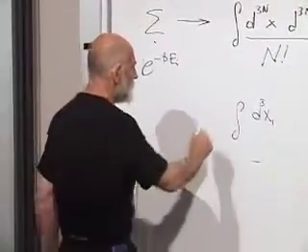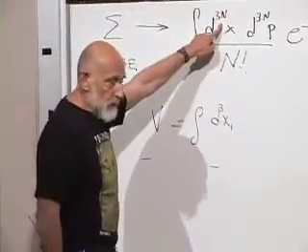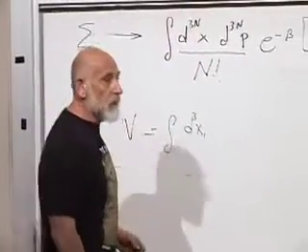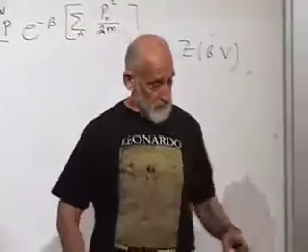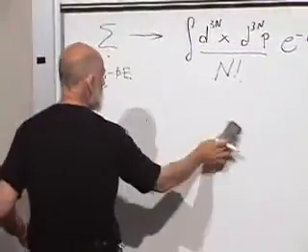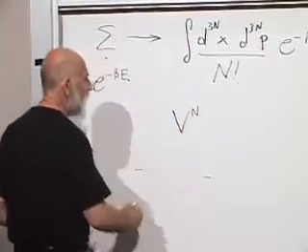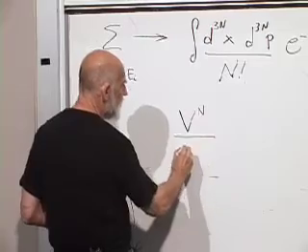It's just the volume. I have N such integrals, and so I get a factor which is volume to the Nth, divided by N factorial.